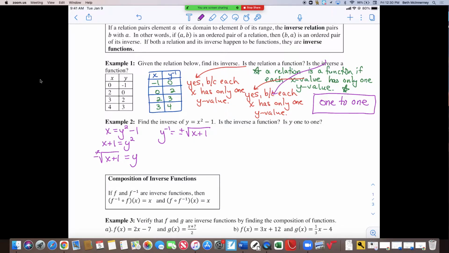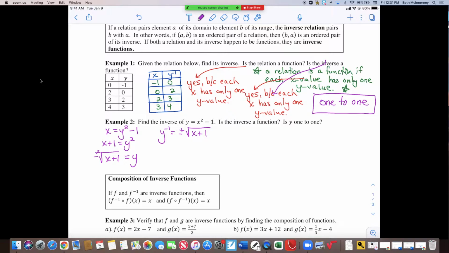So now, do you know how I keep making you do your arms? I did that the other day. So it's asking me, is the inverse a function? So I want you to think about the original equation, y equals x squared minus 1. With your arms, what does that one look like, the original? It's a U shape, right? And what we talked about yesterday was something called the horizontal line test.